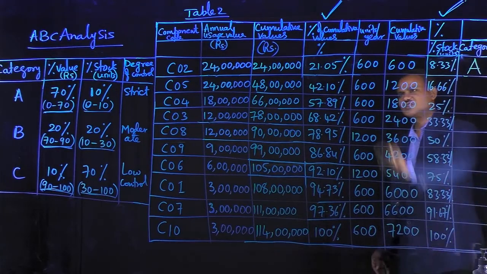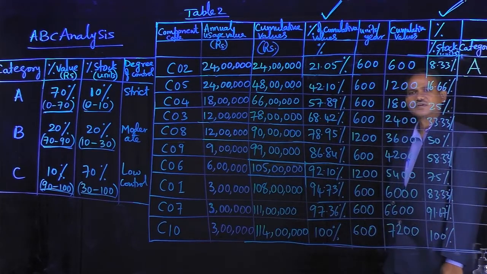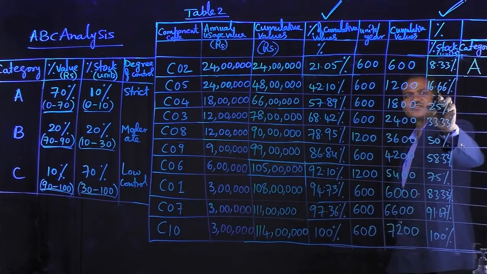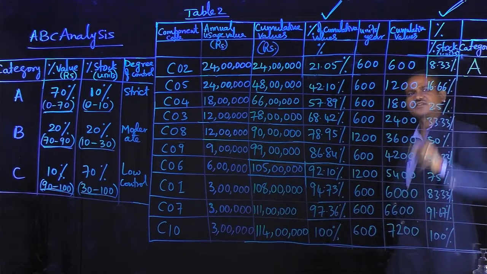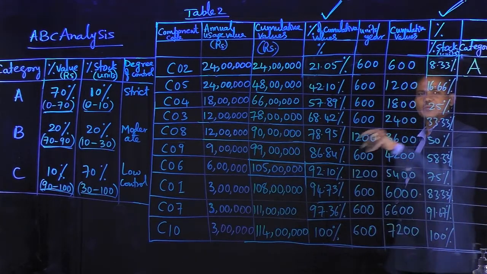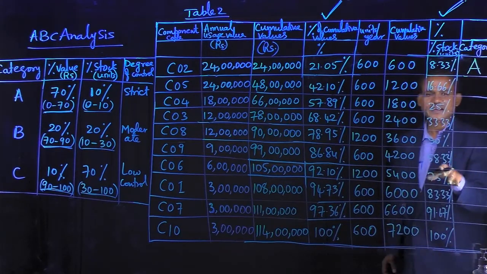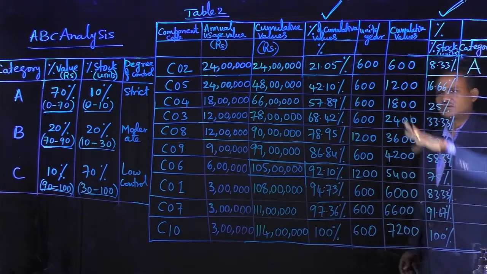Next, the C05 component: 42.10, and stock value is 16.66. For easy remembering, stock value is 10, but it may also vary, 10 to 15, no problem.